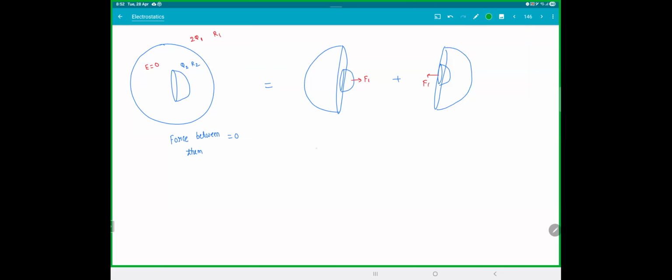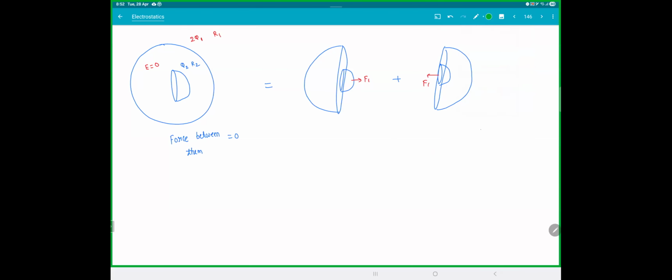Meaning, whether you keep the shell like this or like this, whether it's inside or outside, the force will be the same on both of them. Is the symmetry making sense? If I take that half shell, the smaller shell, and keep it in a left hemisphere and right hemisphere, and combine the two hemispheres, I'll get a full hemisphere. Is this argument clear, everyone?